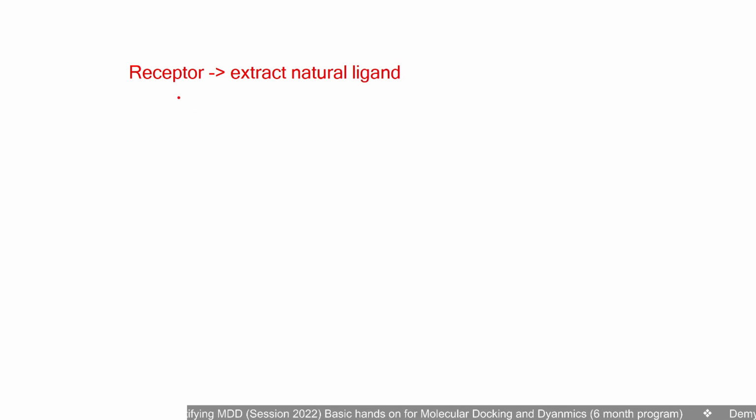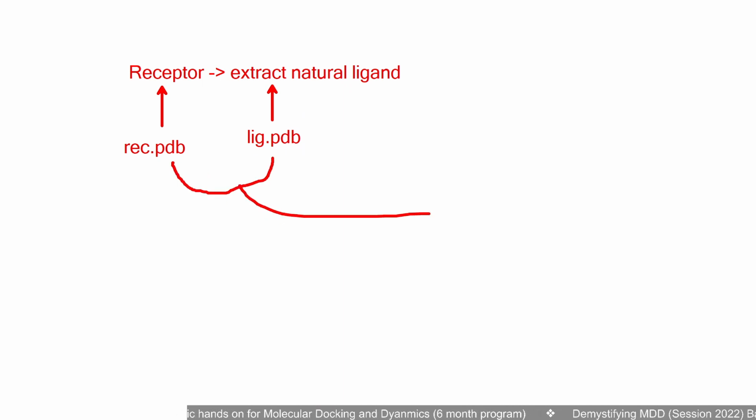So you will have a receptor PDBQT and a ligand PDB, a rest.pdb where only the protein amino acids will be there, and the extracted ligand, other than the water and other elements recorded while doing X-ray crystallography or NMR. That will form your ligand PDB. So this will be your natural ligand, and you will perform docking of these two and get the results.